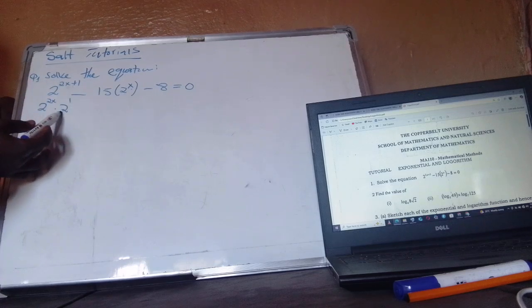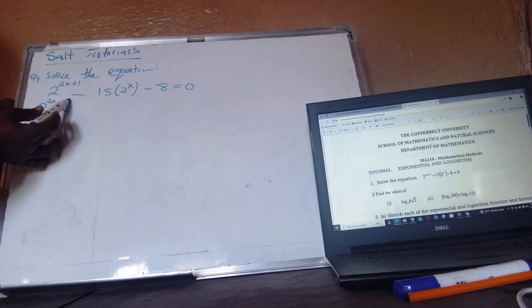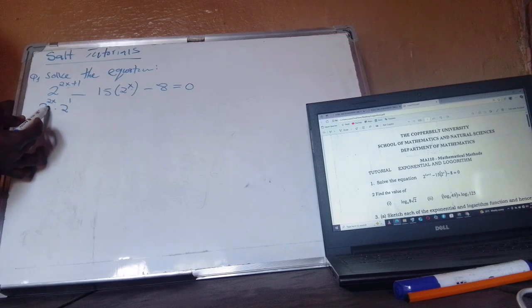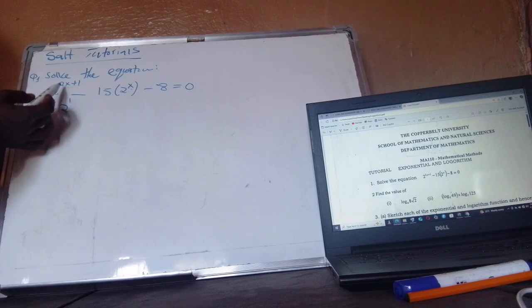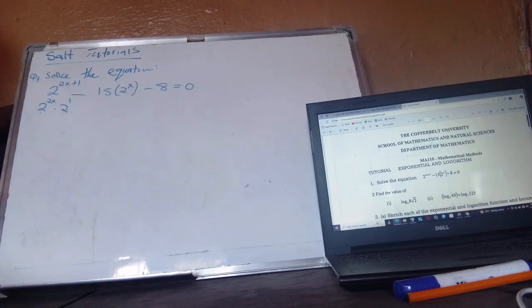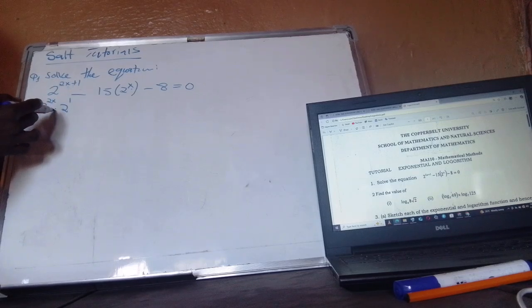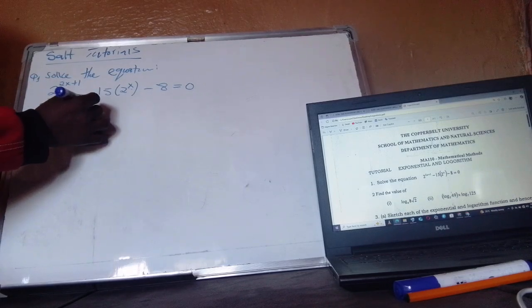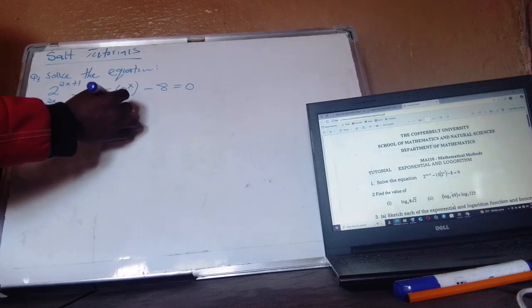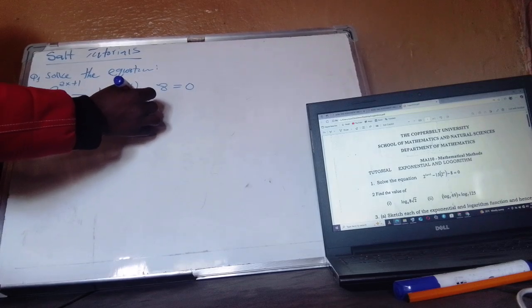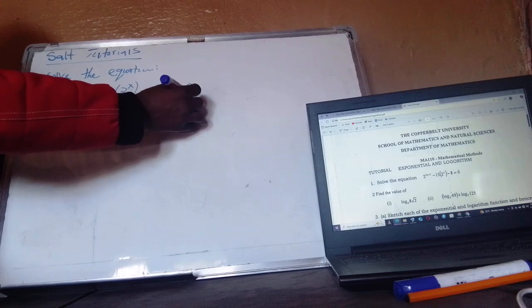If I'm multiplying the same bases with different powers, it is as easy as keeping one base and raising it to the sum of those powers. So 2 power 2x plus 1 is the same as 2 power 2x multiplied by 2 power 1. This remains the same: minus 15 times 2 power x, minus 8, equal to 0.